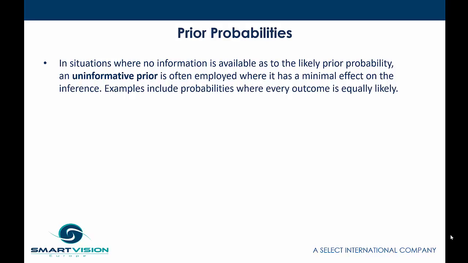And this is a start point which has a minimal effect on the inference. Examples would include a prior probability where every outcome is equally likely. Some Bayesian analysts would argue this is actually quite similar to the frequentist tradition anyway, which says that you can know nothing until you've collected the data and everything's equally likely before you collect your actual information.